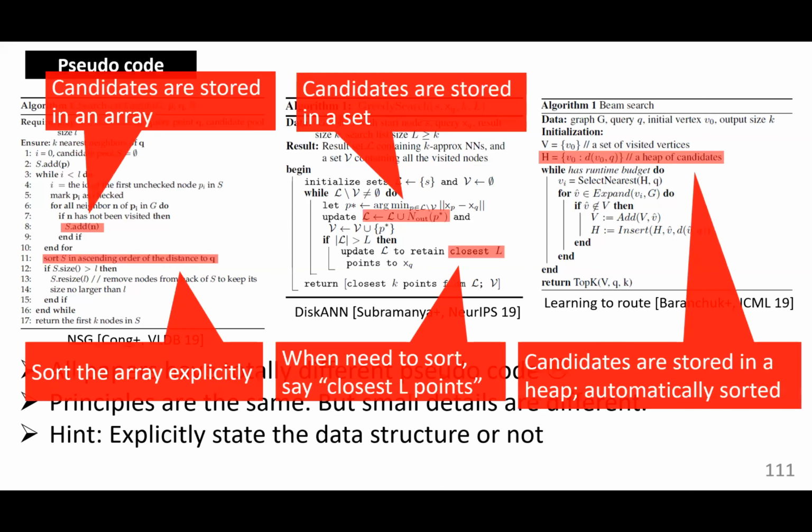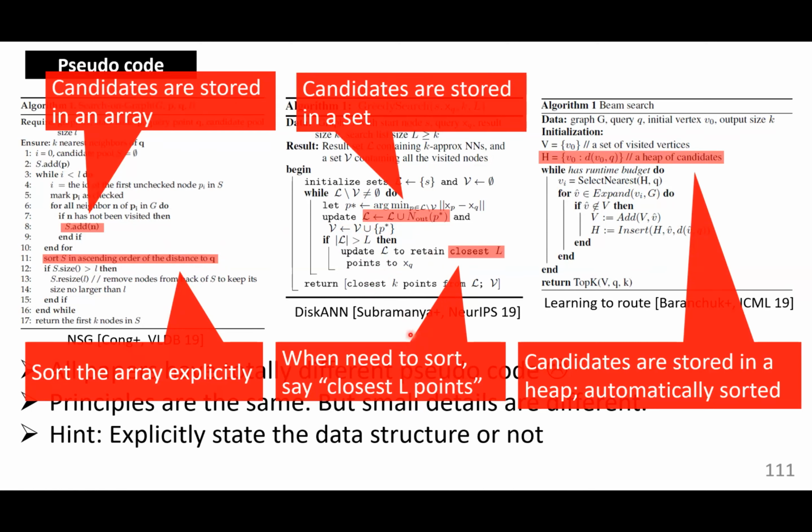So for example, on the left, they use an array to represent the candidates, so they need to sort that array explicitly. But here the candidates are expressed by a set, so when they need to sort, they just say closest point.